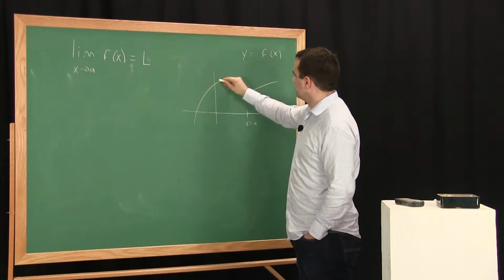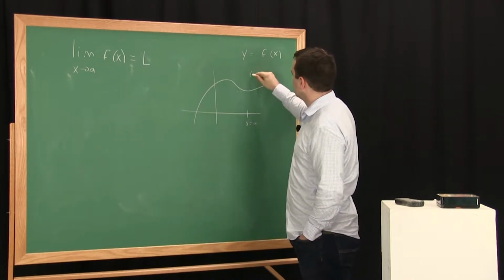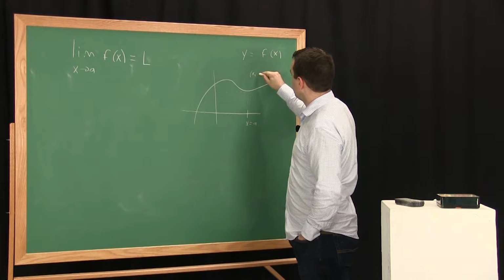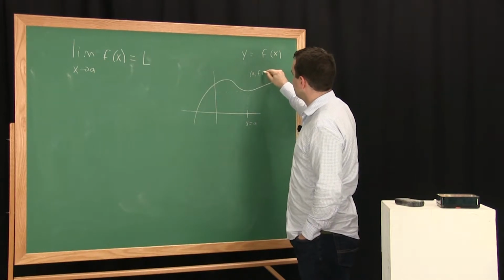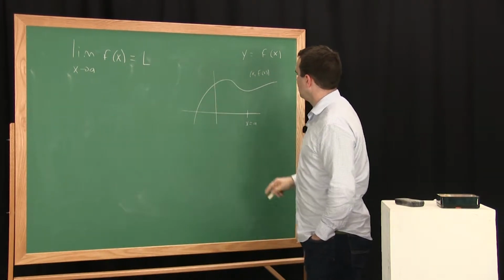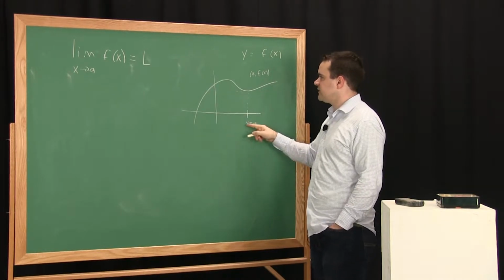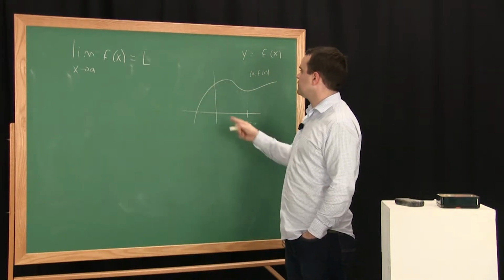So you've got the graph, y equals f of x. On the x-axis, you've got the x values, and on the y-axis, you've got the y values.